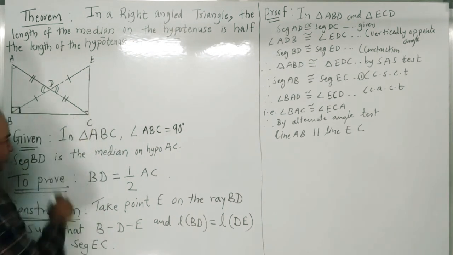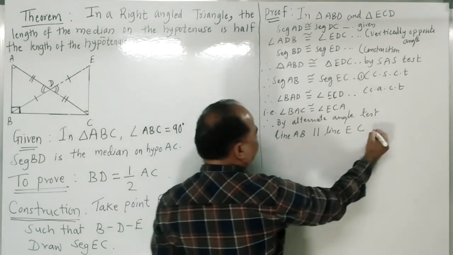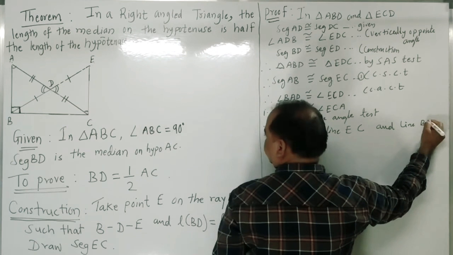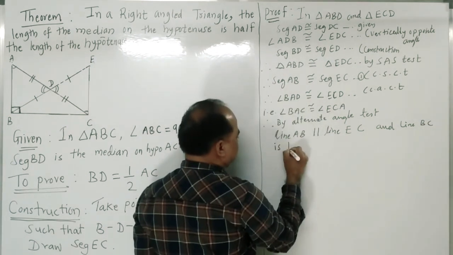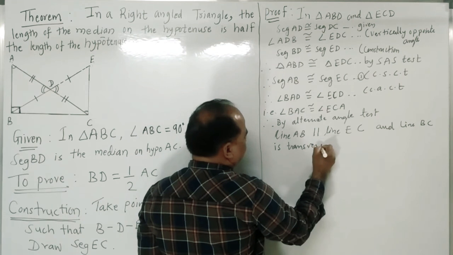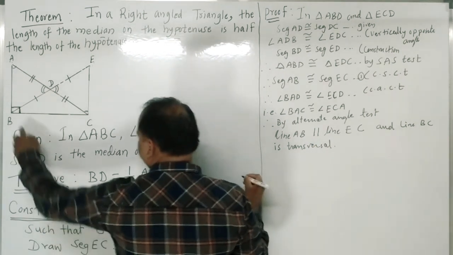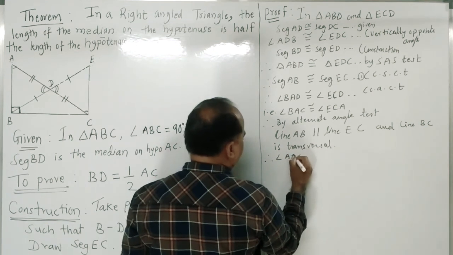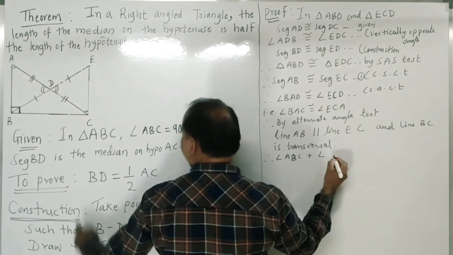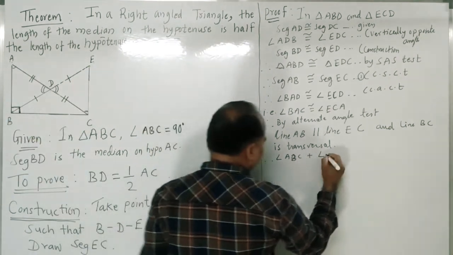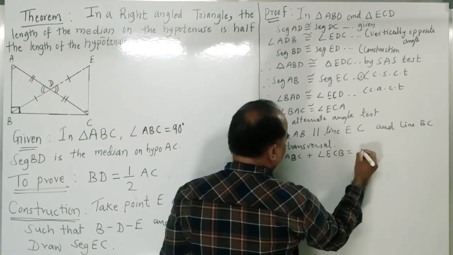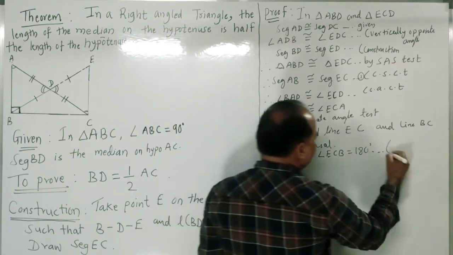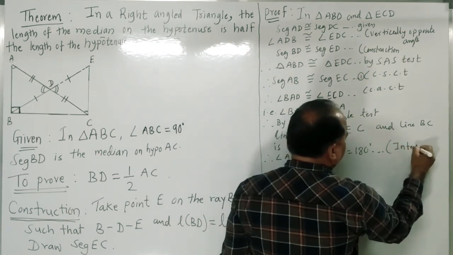Therefore, line BC is the transversal. So angle ABC plus angle ECB is equal to 180 degrees, as these are the sum of interior angles.